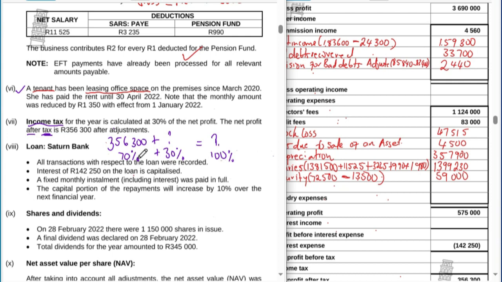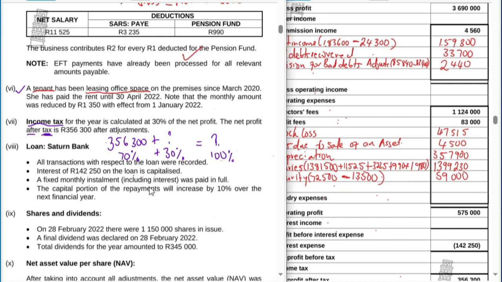So we have net profit after tax, and then income tax, and also net profit before tax. Now let's calculate our income tax. We are looking for 30%. We use the normal method that we know.